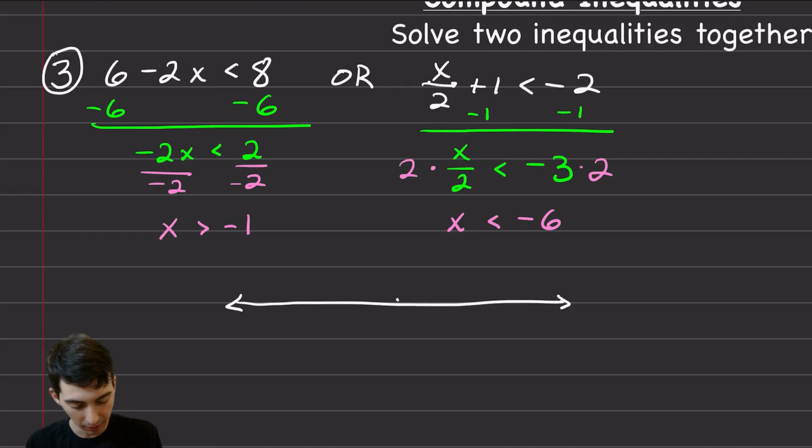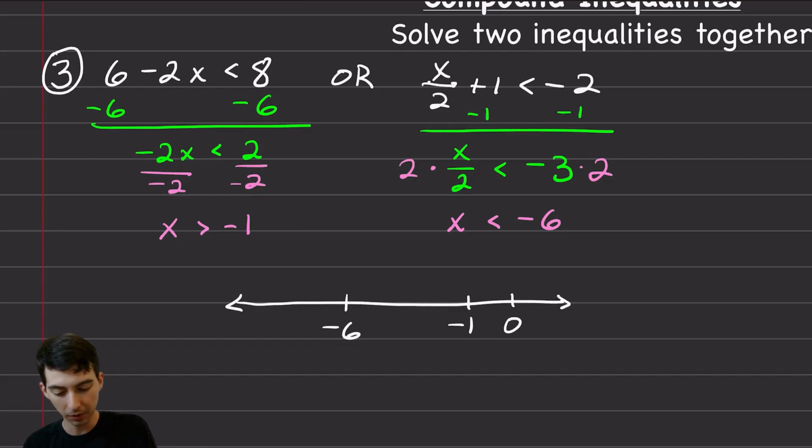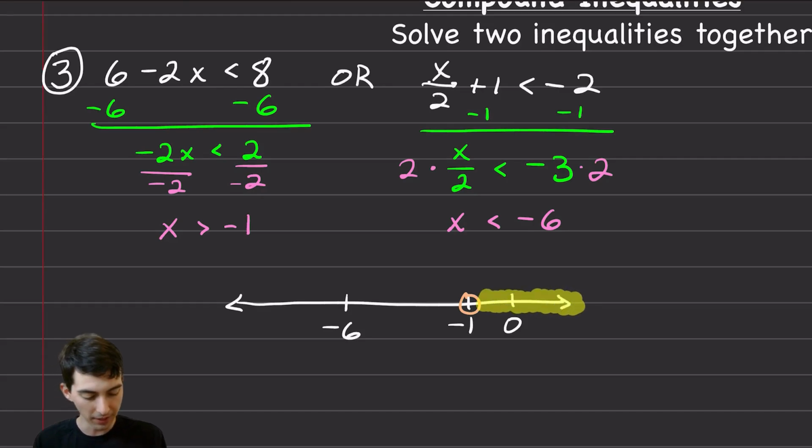So I'll do it like this, and I'll put 0 in the middle. Actually, let's slide 0 up a little bit, so 0 will be here. Then I'll have negative 1, and then I'll have negative 6. And now I'm just going to graph each of these. So starting with x is greater than negative 1, I'm going to put an open circle around negative 1, and I'm going to highlight everything greater than negative 1, which would be all the values to the right.